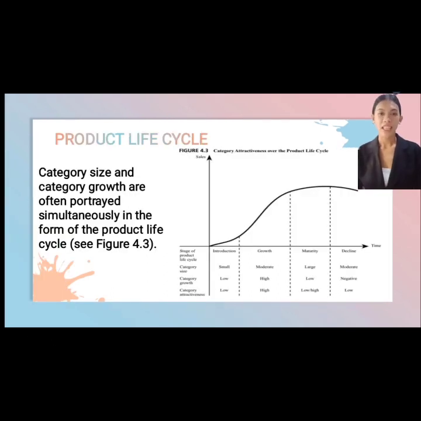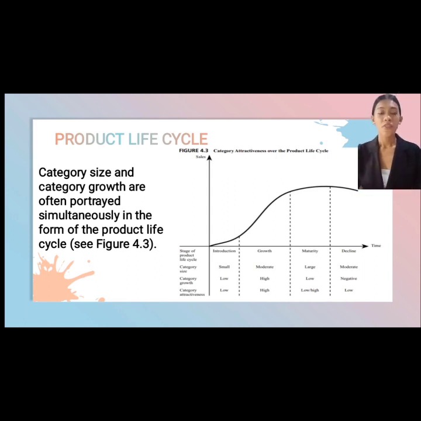Product life cycle. The term product life cycle refers to the length of time from when the product is introduced to consumers in the market until it is removed from the shelves. Products, like people, have life cycles. The life cycle of a product is broken into four stages: introduction, growth, maturity, and decline.